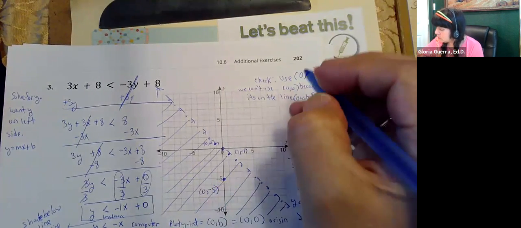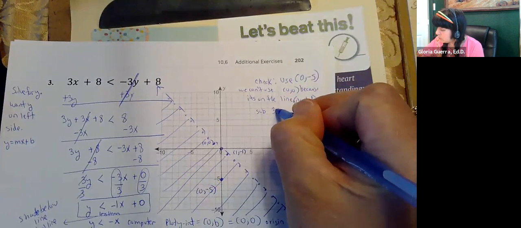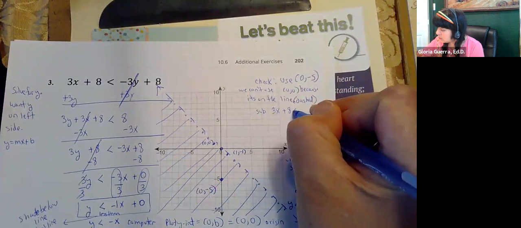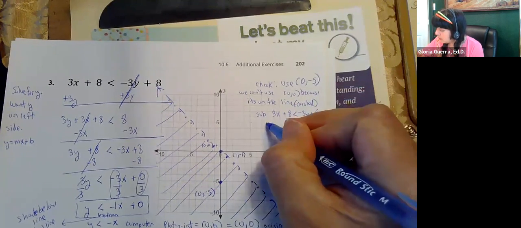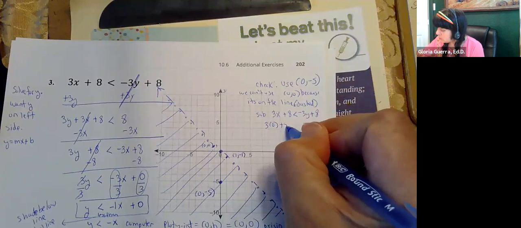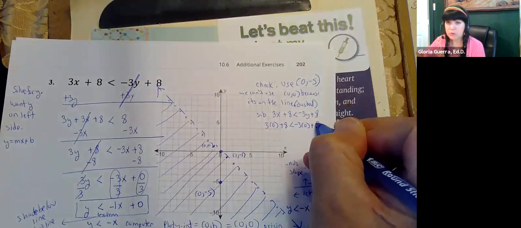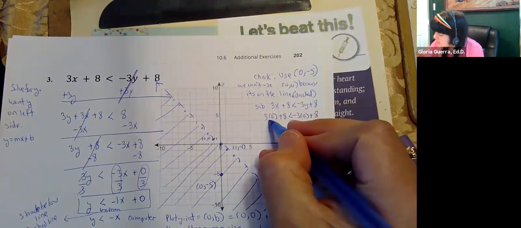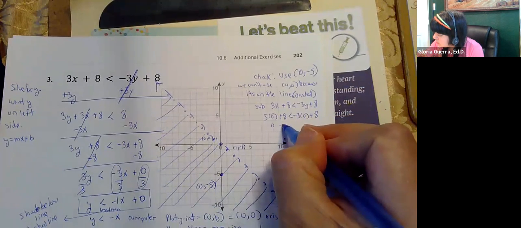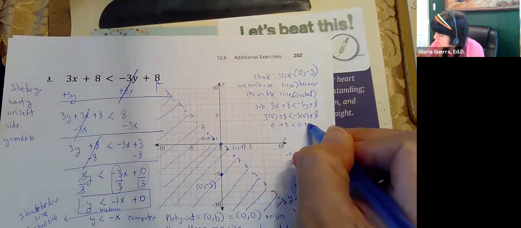And I'm going to substitute it into the original: 3x plus 8 is less than -3y plus 8. Everywhere I have an x, I'm going to put 0, and everywhere I have a y, I'm going to put 0. That just makes the math easy because anything times 0 is 0.